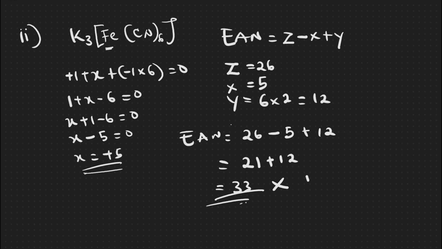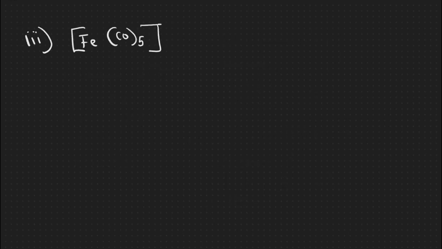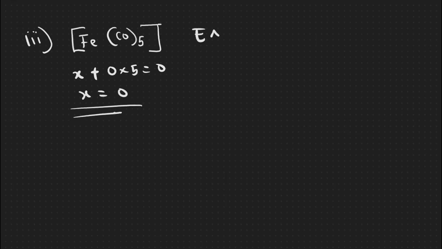So, not stable. This is our last complex to check whether it will obey the effective atomic number rule or whether it will be stable. As we know that iron, our formula for the effective atomic number rule is the same.